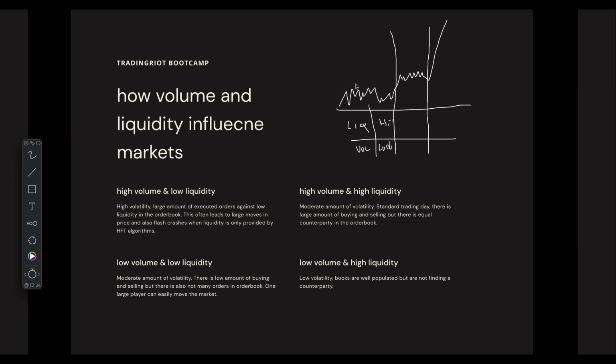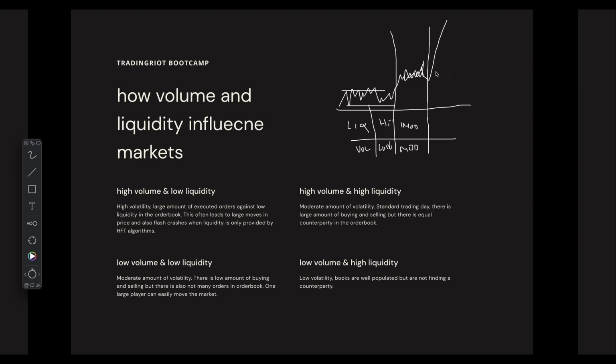So this will result in those very tight ranges in the markets. Once markets start to move and fluctuate a little bit more, the liquidity and the volume are basically moderate, kind of medium. The resting orders are often finding a counterparty, so the market is moving to one side or the other.